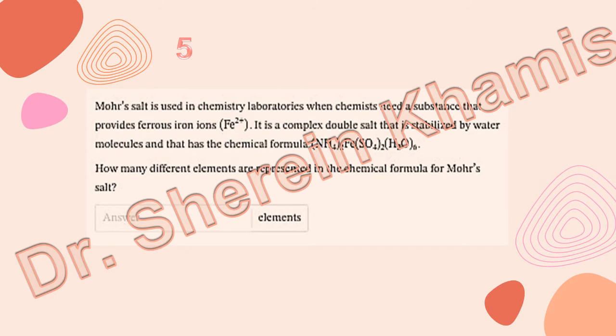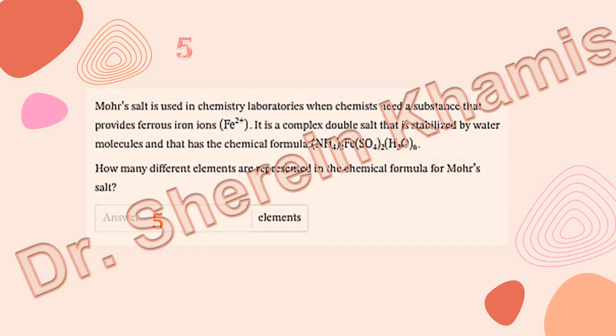We have nitrogen, the first one here, hydrogen 2, iron 3, sulfur 4, and oxygen 5. So we have 5 elements forming the formula of the compound of Morse salt.